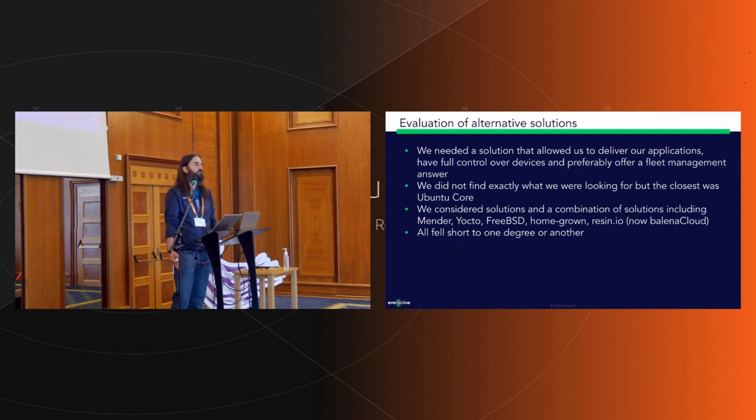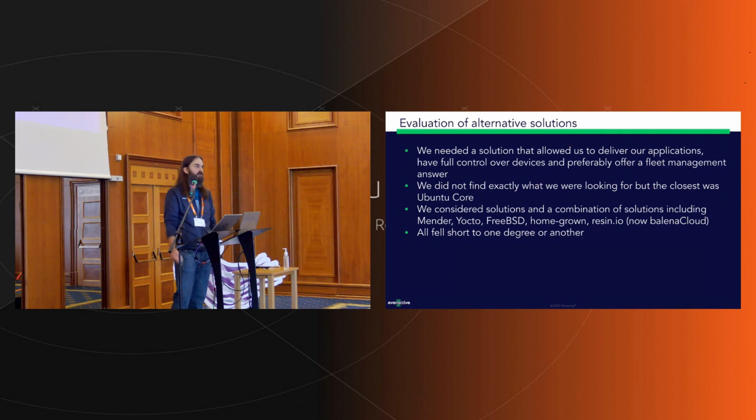But we tried to consider every possible solution, all the way from building the OS from scratch, building out the infrastructure to deliver our applications and update them, to things like using Mender, if you're familiar with that. It offers an A/B boot so that if you fail an update, it can roll back. It delivers updates to your devices and your applications, but it itself is not an OS.